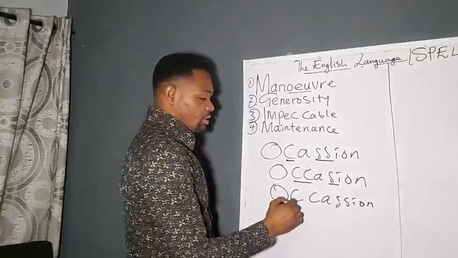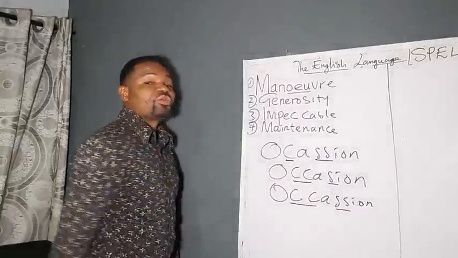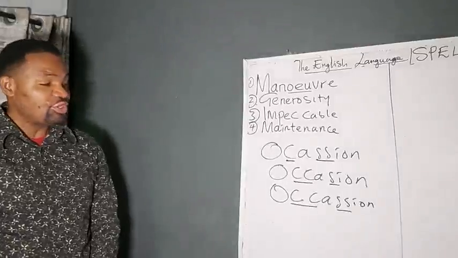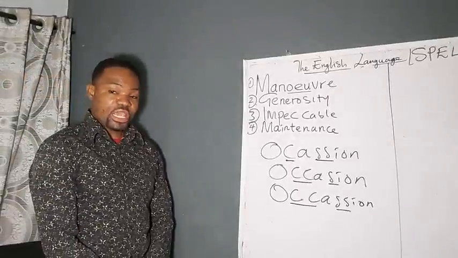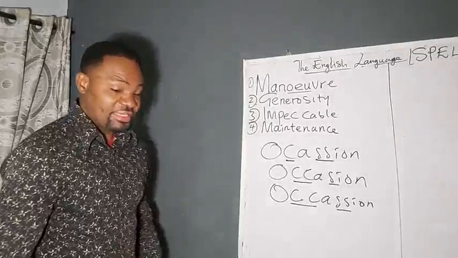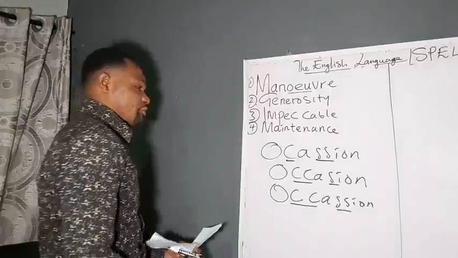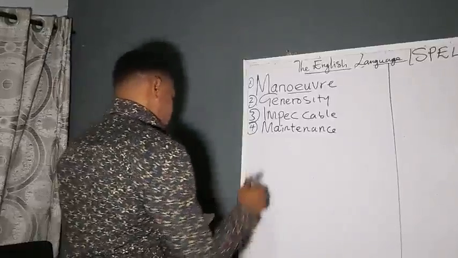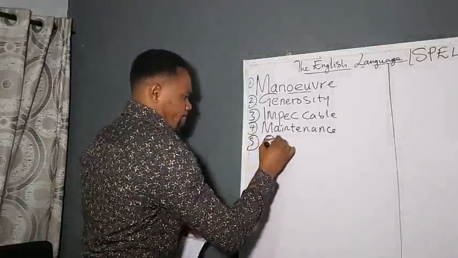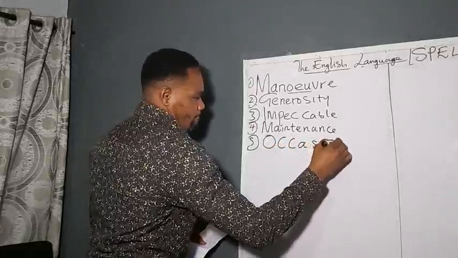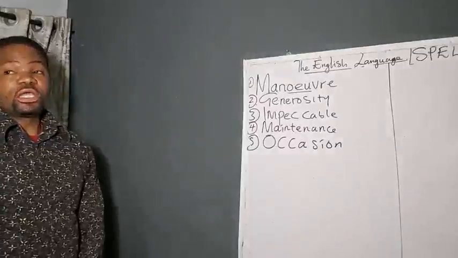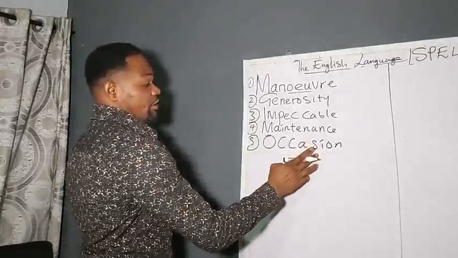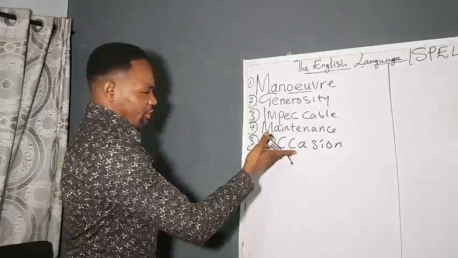At times it's going to be double C double S. So this has been the question that's most asked. So let's see. Which one do you go along with at home? Is it A or B, C? So the correct spelling is double C, one S. Because most exam takers always use double S instead of double C. So at least you could take note of this.